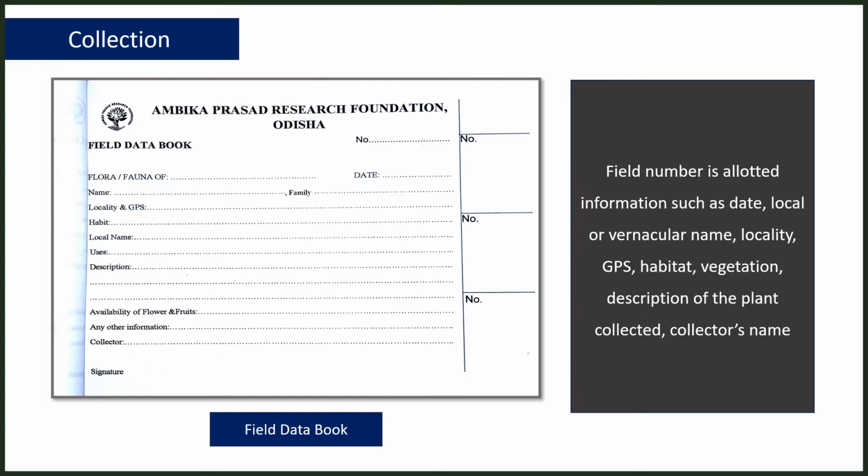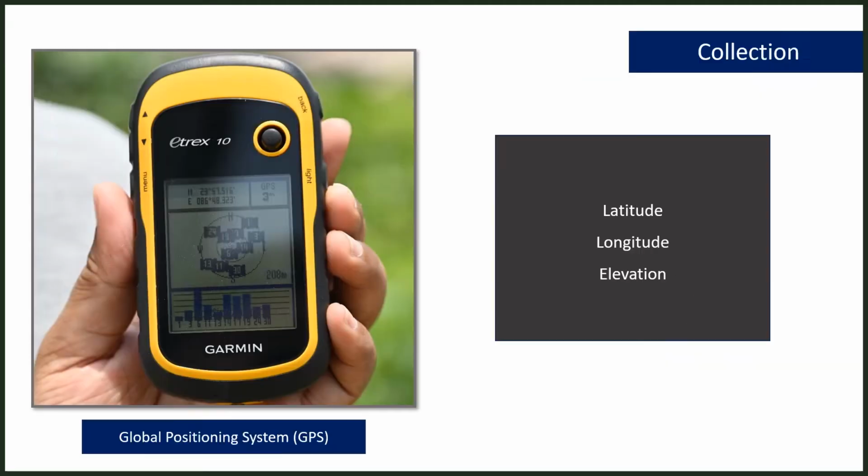So it is important to write all this down, and taking a GPS is mandatory, and then the date and the collector's names, all these are mandatory, and you have to fill this book. For collecting the GPS, which is the global positioning system, you'll be including the latitude, longitude, and elevation. You can get it from the GPS.